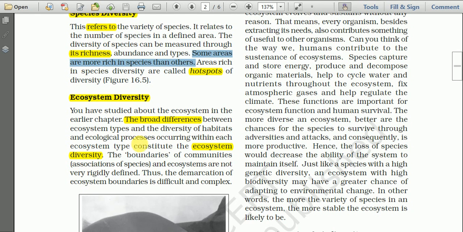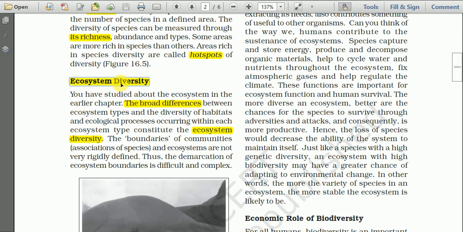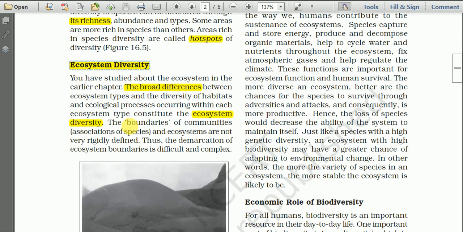And the last one is the ecosystem diversity. About the meaning of ecosystem we have learned earlier, and the meaning of ecosystem diversity is given here. So ecosystem diversity is the broad differences between ecosystem types and diversity of habitats and ecological processes occurring within each ecosystem type.